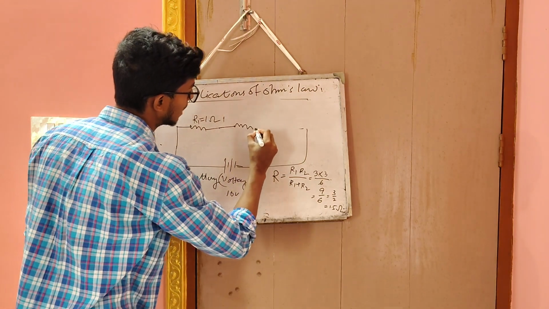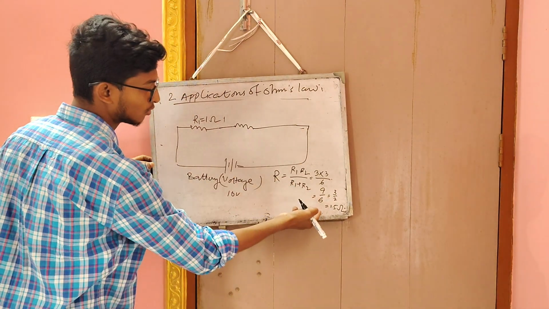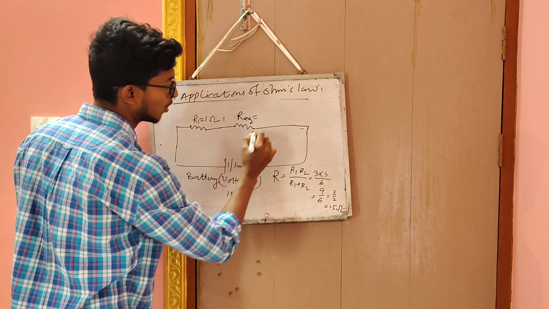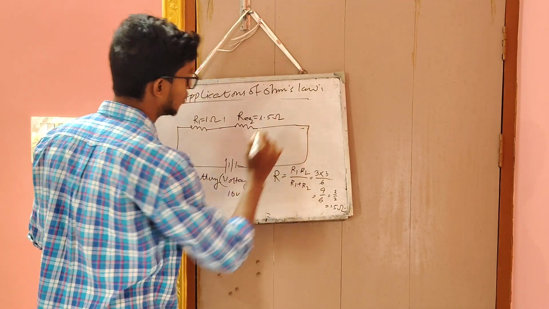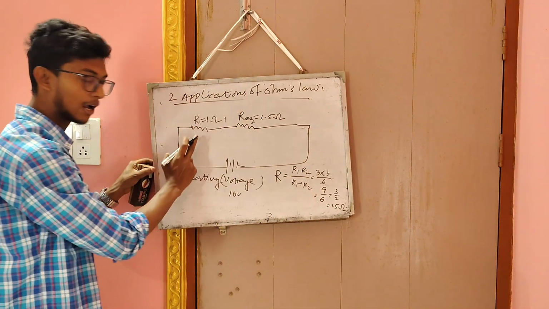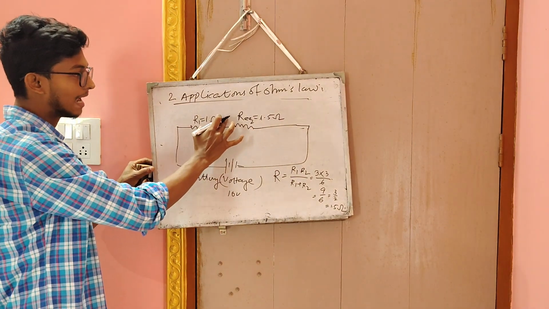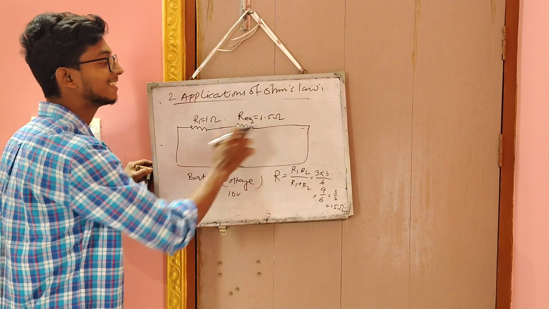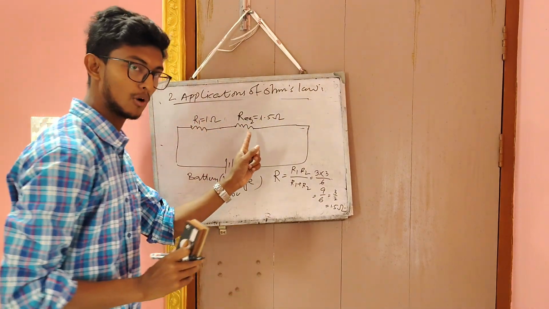So what is the next diagram? The equivalent resistance of R2 and R3, we find R equivalent is 1.5 ohm. So R1 and R equivalent are in series combination. R1, that is 1 ohm, and R equivalent of R2 and R3, 1.5 ohm, are connected in series combination. Clear?